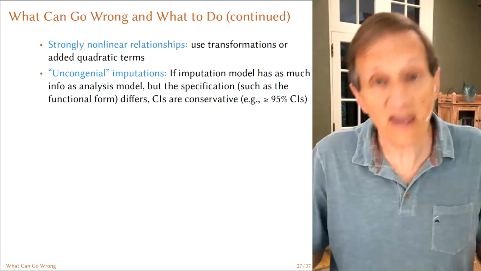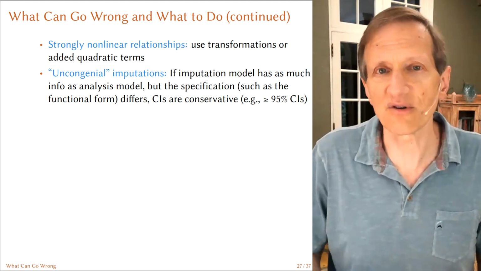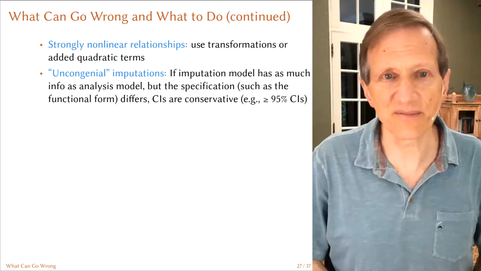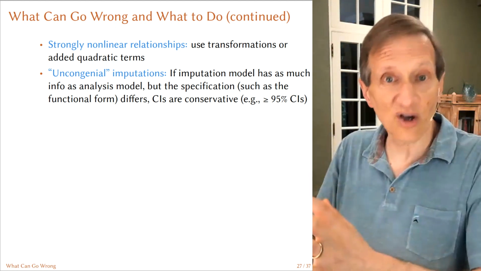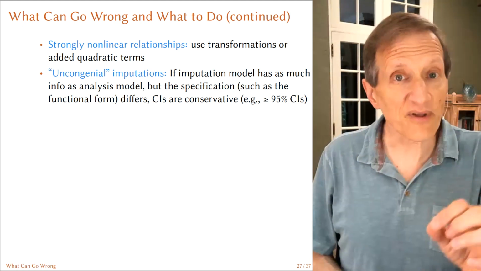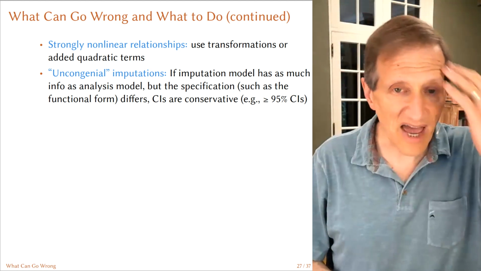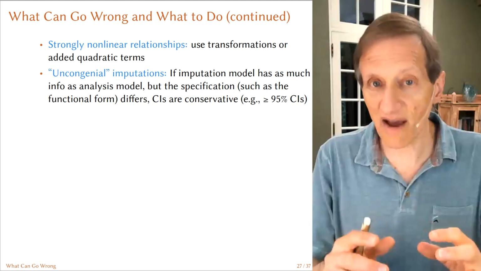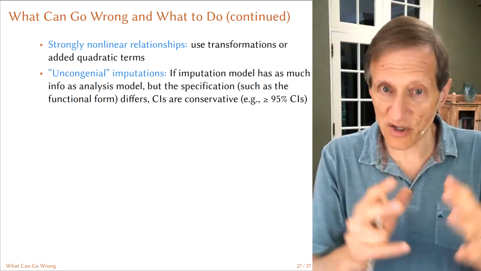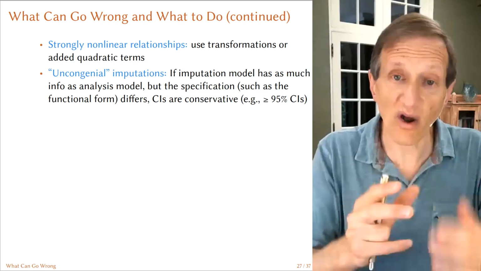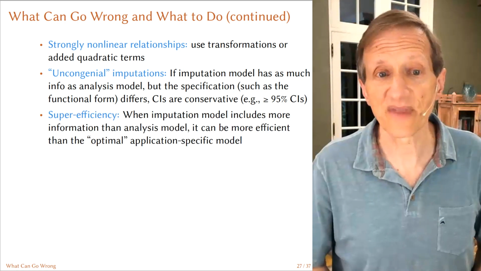That's still okay, but you don't really want them to be conservative, right? You'd rather they be accurate, but they're not going to be overconfident. Be careful though, if you're simulating from the last step and you have conservative confidence intervals, the distribution of your quantities of interest is going to be too narrow. So if you calculate certain quantities from that, it could induce bias.